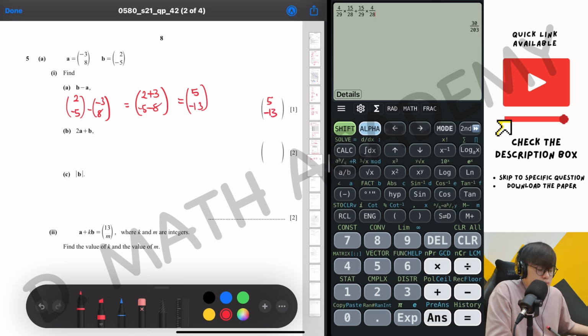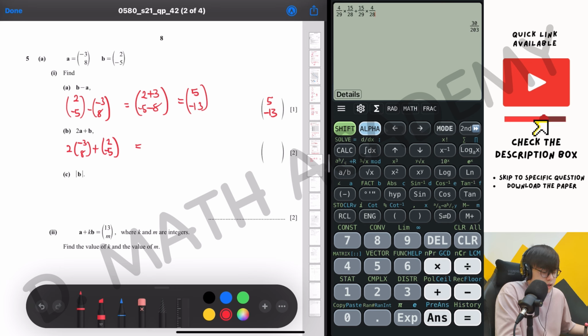Moving on, we have 2a plus b. So for here, you will get -6 and 16 plus 2 and -5. So from here, you will have a balance of -4 and 11.